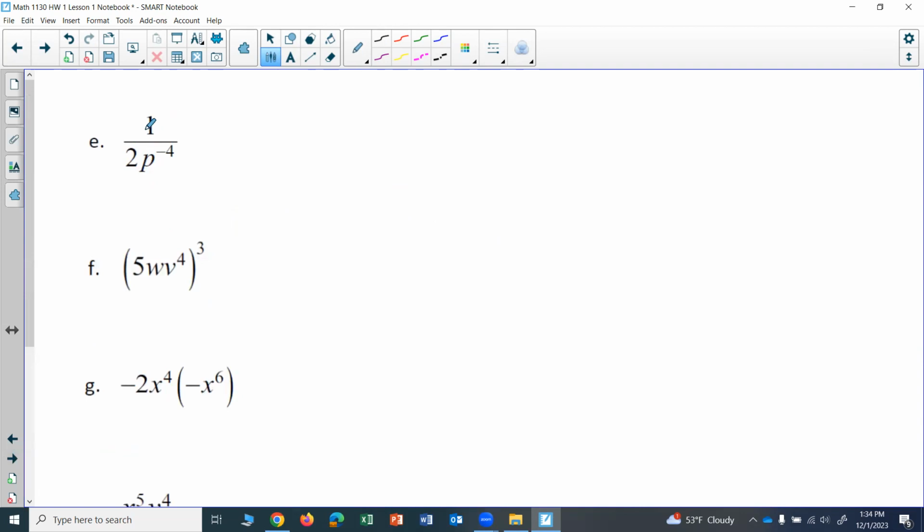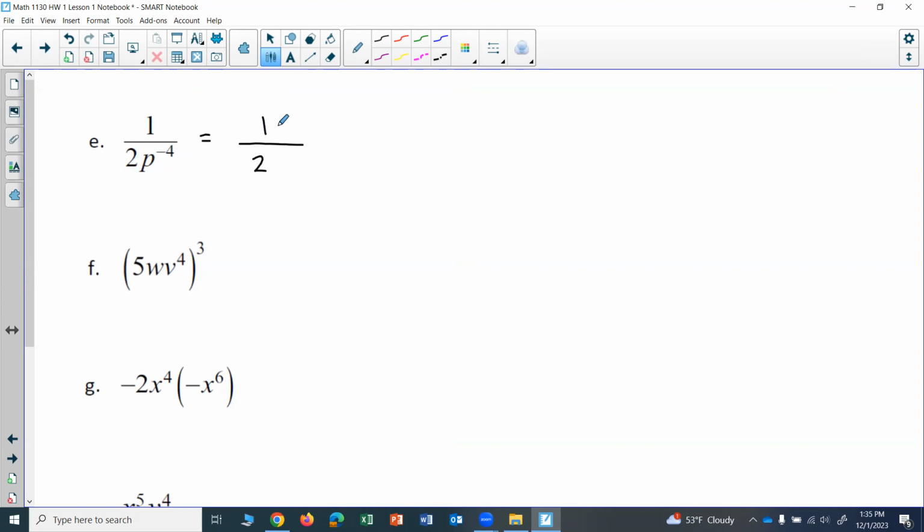All right, let's continue. I have 1 over 2p to the -4. Now, notice that the 2 is not raised to an exponent, so it's going to have to stay where it is. So I'll have 1 over 2. And then the 1 over p to the negative 4, I should say, is the same as p to the positive 4.